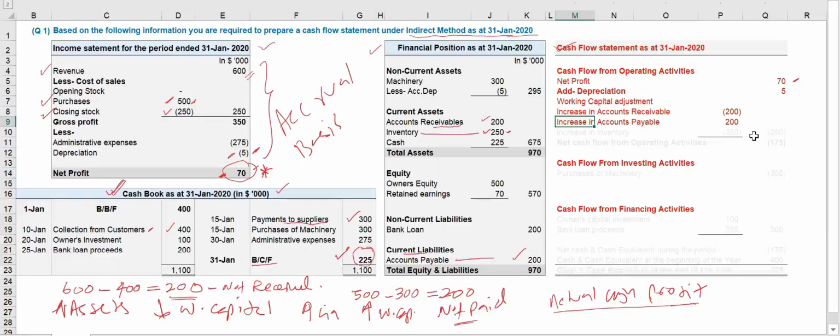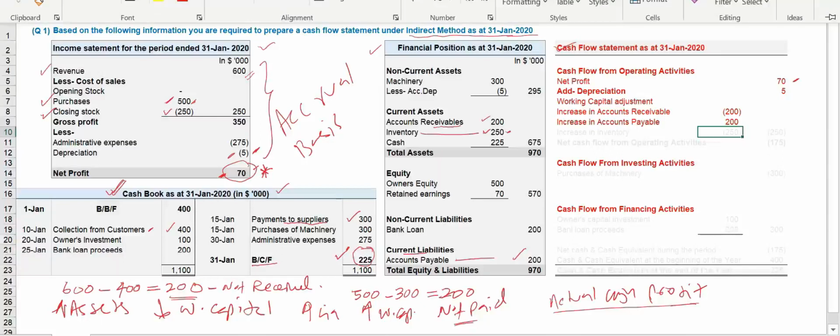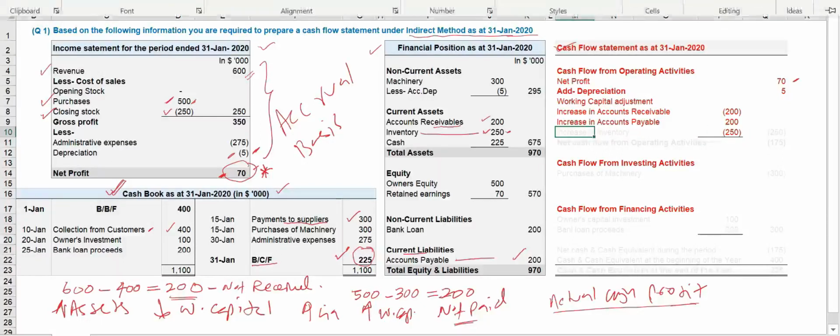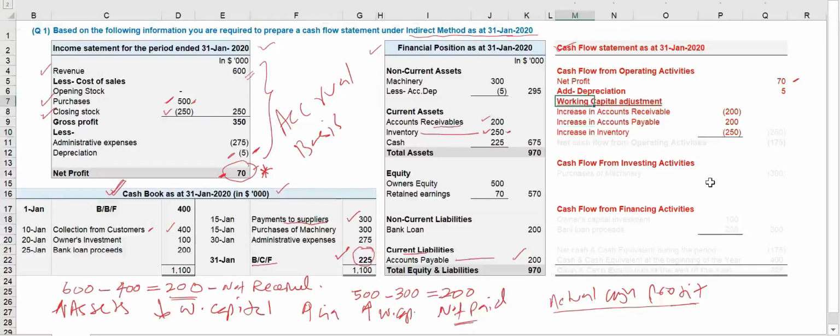Therefore, in order to identify the cash profit, what should we do? We should deduct this increase in inventory from the working capital. Inventory is also part of current assets, therefore it falls under working capital. So please remember, inventory is an asset. Any increase in an asset will result in a reduction in working capital. So you need to deduct this amount from the working capital.